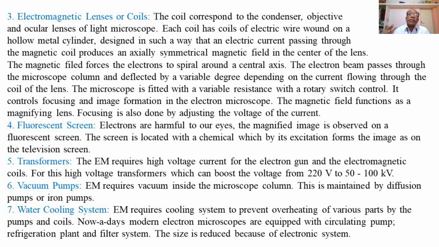The magnetic field functions as a magnifying lens. Focusing is also done by adjusting the voltage of the current. So the electromagnetic lenses or coils are meant for image formation and focusing of the electrons so as to prepare the image.